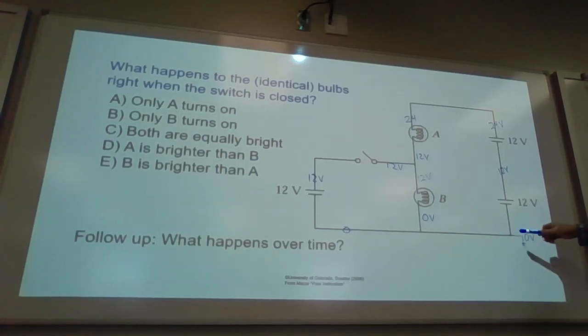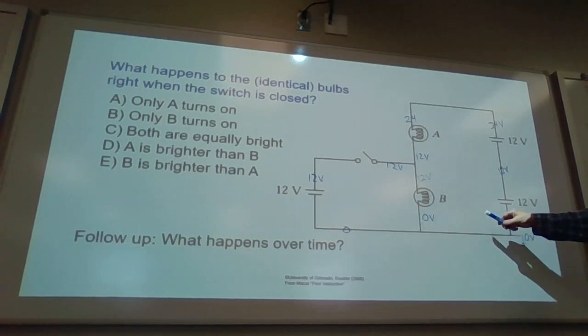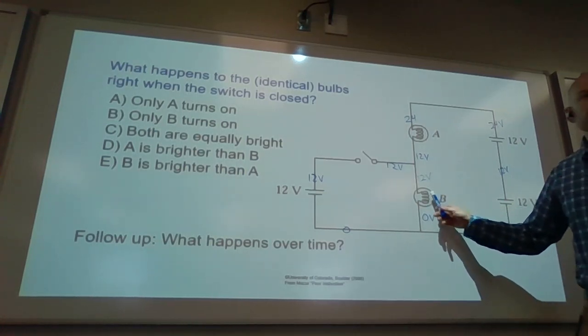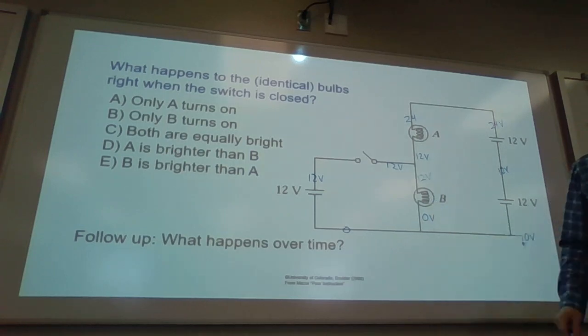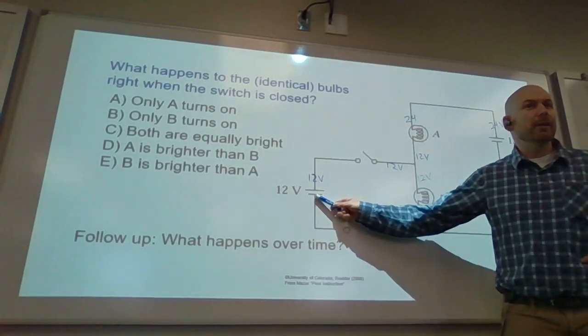So I'm going to pick this to be my sea level. We haven't talked about time yet. So here, B is going to stay on longer because this is kind of like a backup battery. This is in parallel.